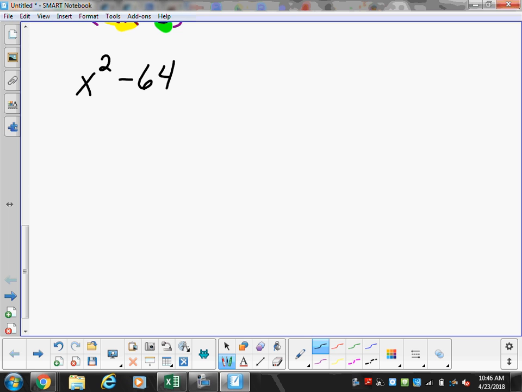Okay. So kind of thinking back to our standard form where we have ax squared plus bx plus c.